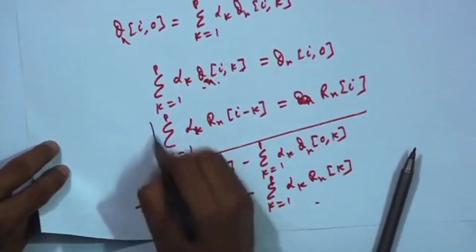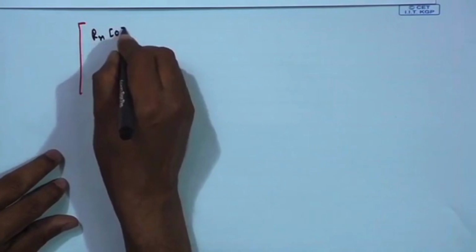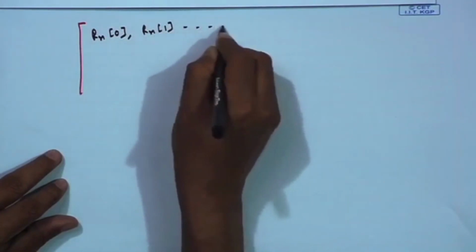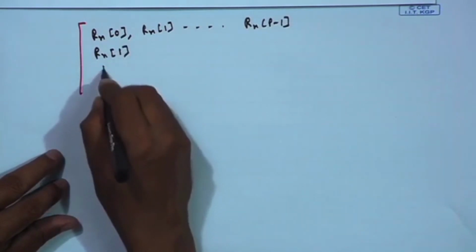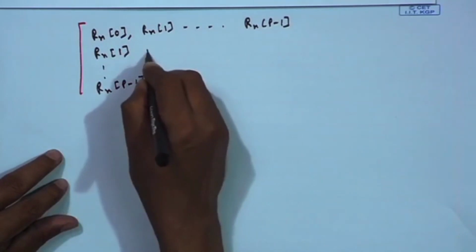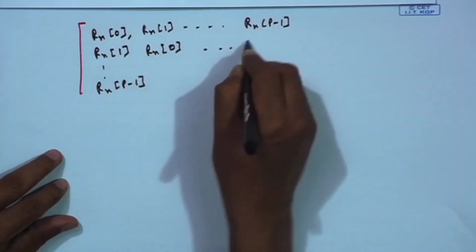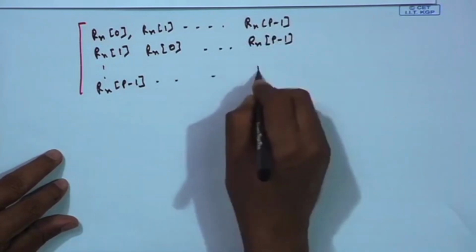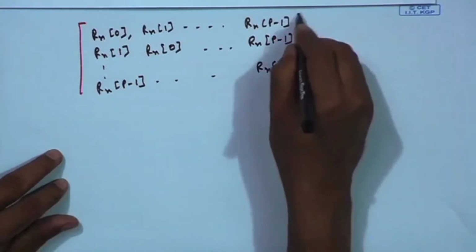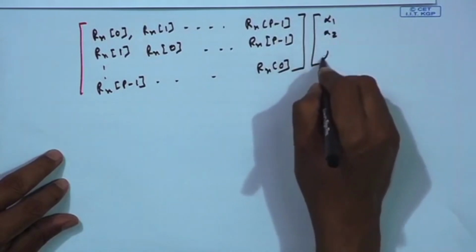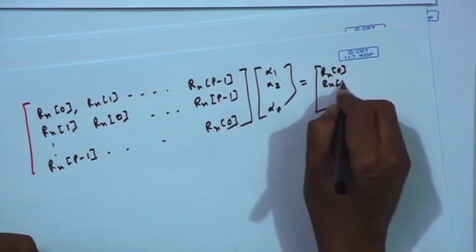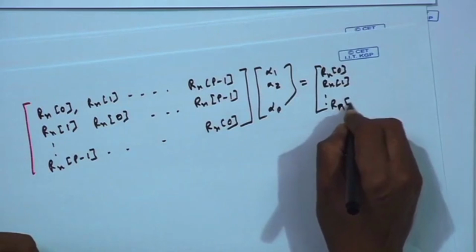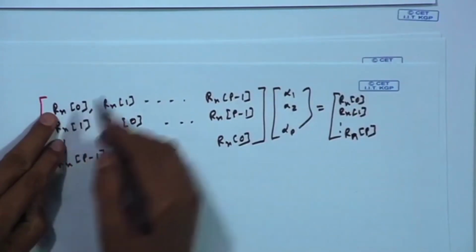R_n(0), R_n(1), up to R_n(p minus 1), this side R_n(1), up to R_n(p minus 1), R_n(0), equal to alpha_1, alpha_2, alpha_p, is equal to R_n(i). Here, i and k are there.